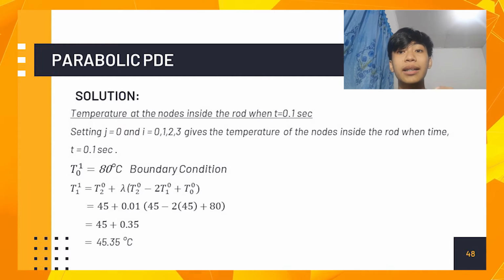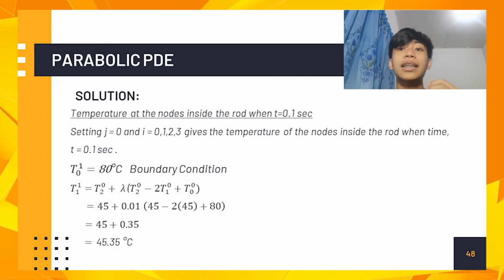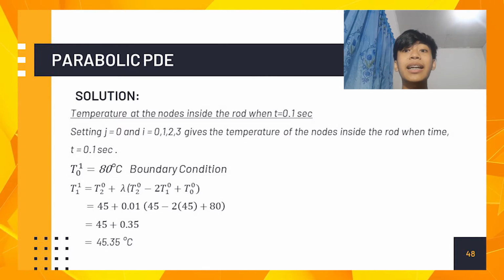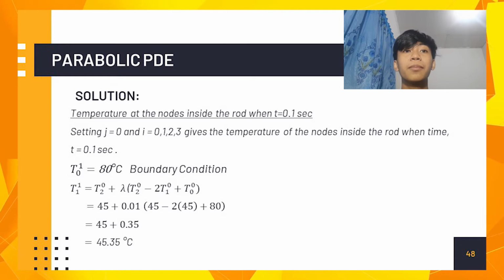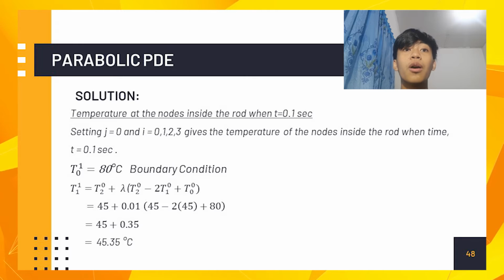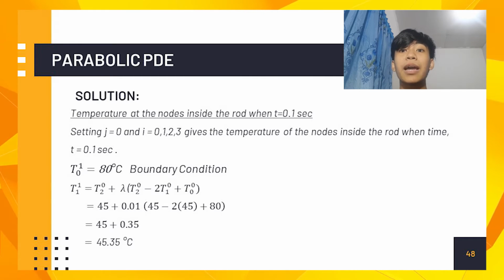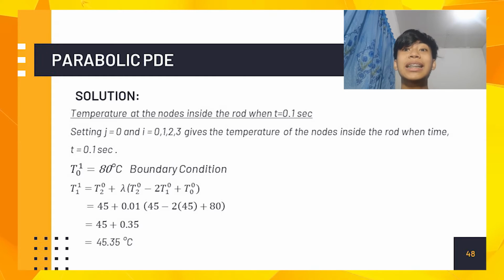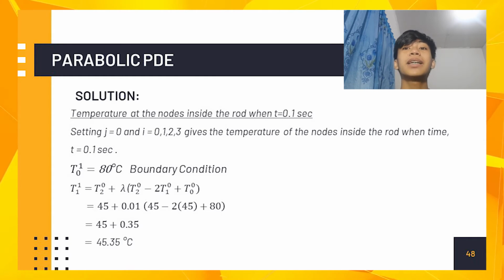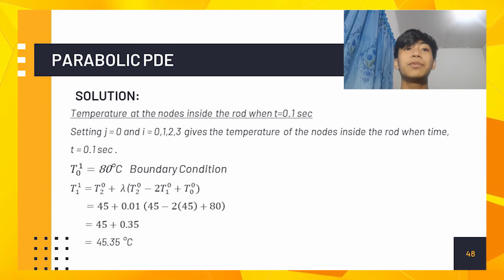T raised to 1 sub 0 is equal to 80 degrees Celsius, boundary condition. T raised to 1 sub 1 is equal to T raised to 0 sub 1 plus lambda multiplied by T raised to 0 sub 2 minus 2 T raised to 0 sub 1 plus T raised to 0 sub 0.